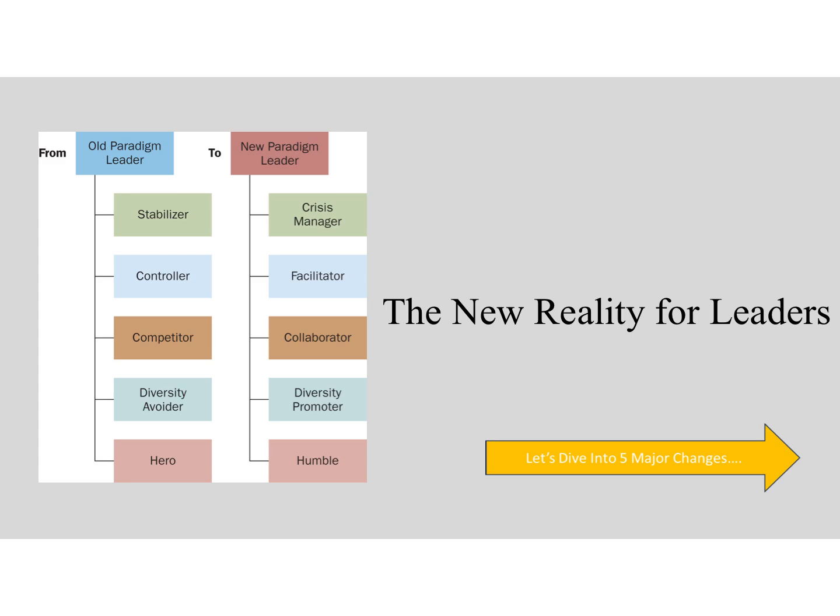However, if we look across to the right side here, we can see what the new paradigm leader looks like. No longer are they a stabilizer, but they have become, in fact, a crisis manager, responding to what happens in their environment. They need to be flexible, quick on their feet, and critical thinkers.